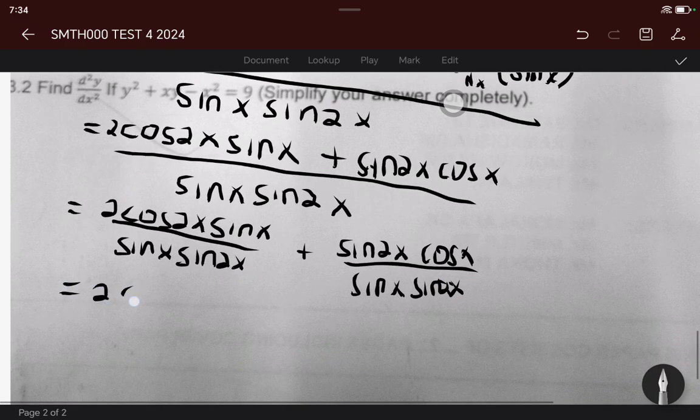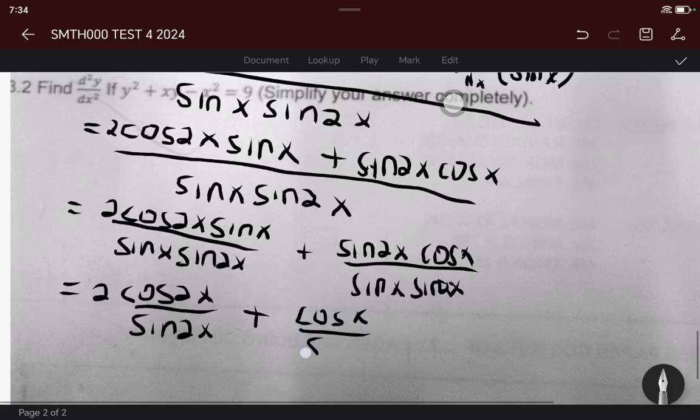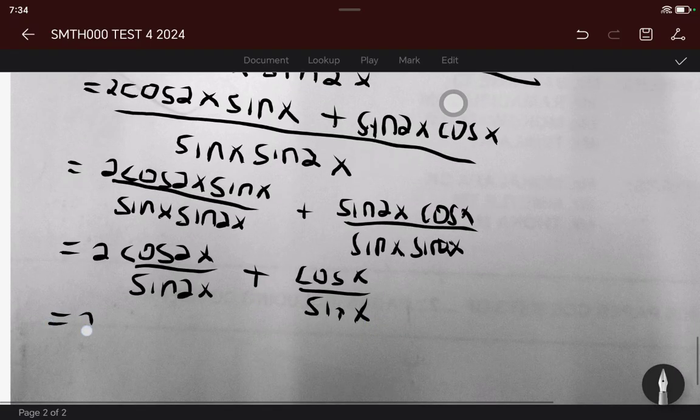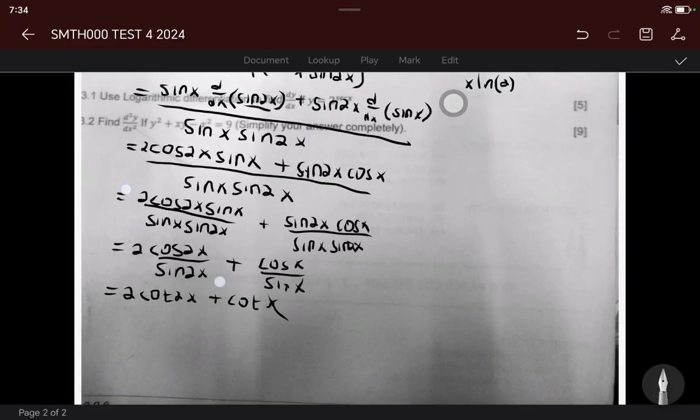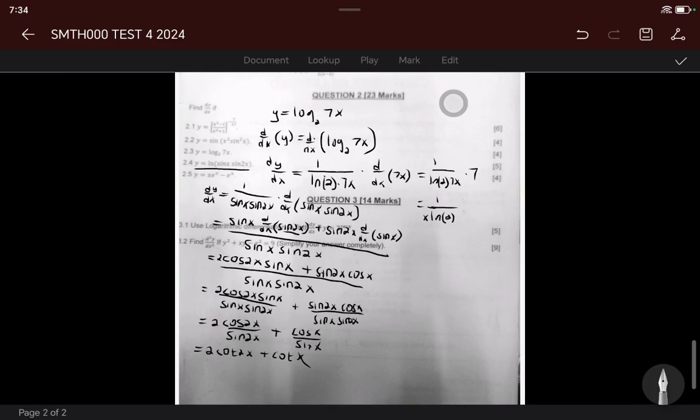We're left with 2 cos 2x over sin 2x, plus this side, the sin 2x will cancel, and we'll be left with cos x over sin x. This is just the same as 2 cot 2x plus cot x. So you could simplify it further if you wanted. It was like 5 marks, so it was worth simplifying.